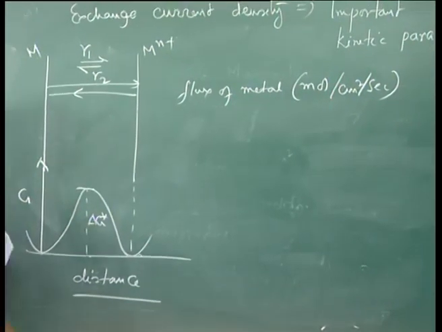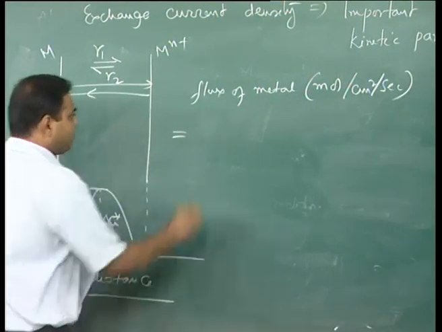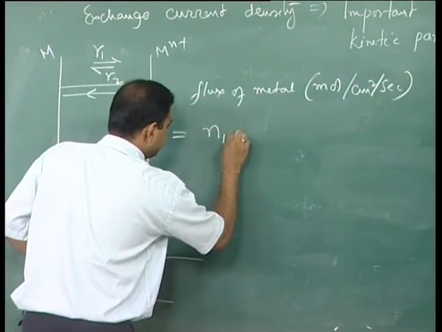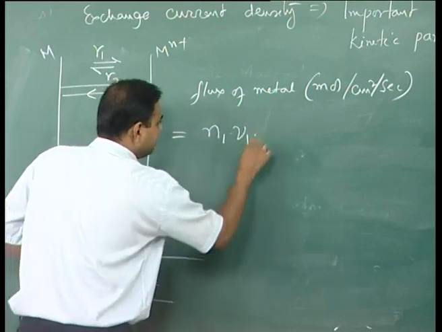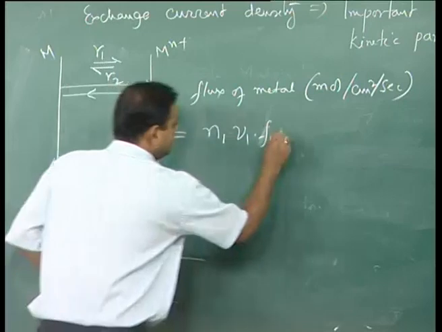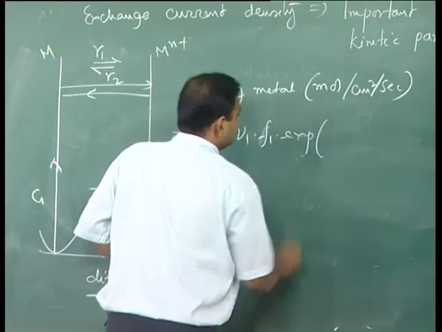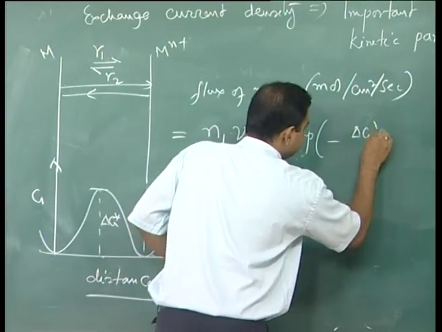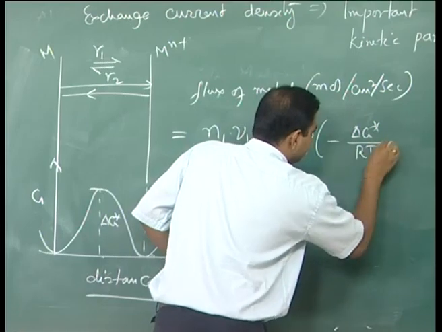I can express this with the equation N1 nu 1 F1 exponential minus del G star by RT.